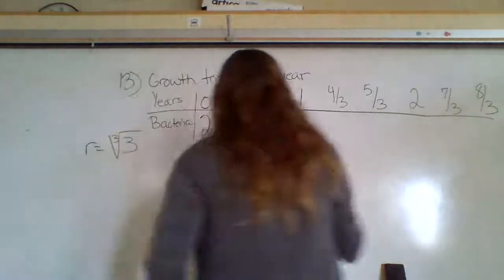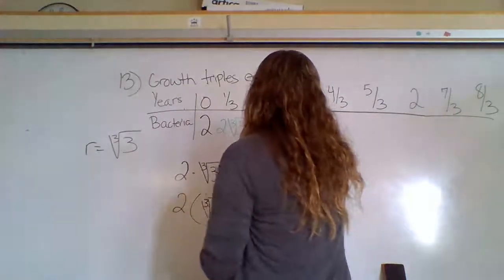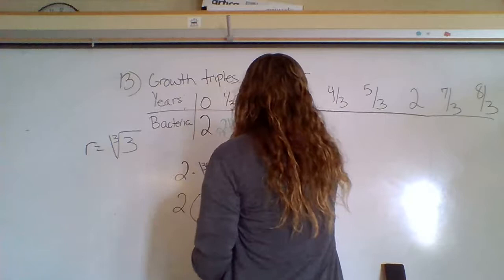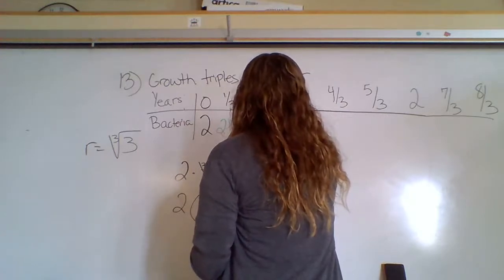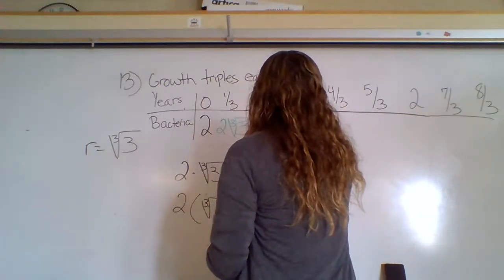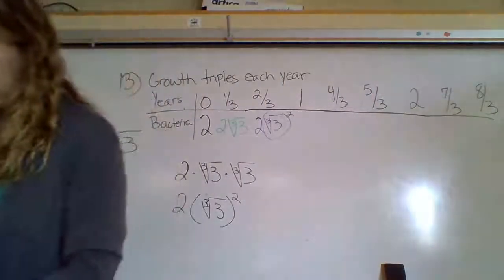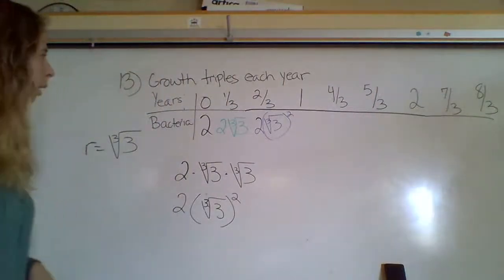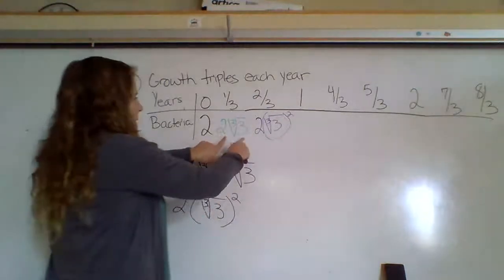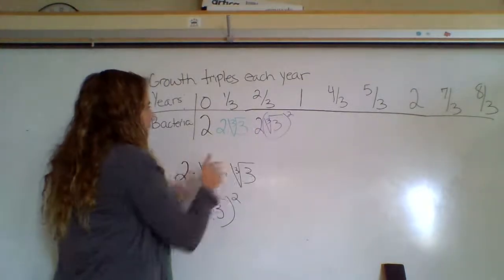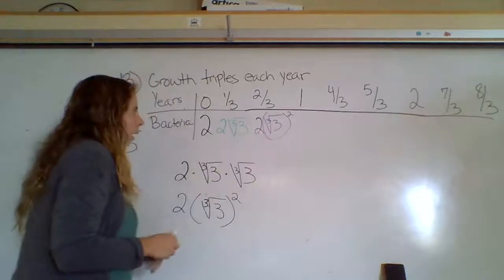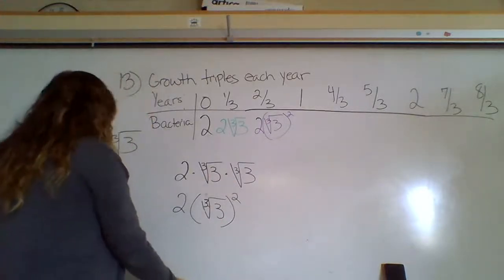So this next one is 2 squared. And look, from here to here, all I'm doing is multiplying by an extra cubed root of 3. All right? The next one.